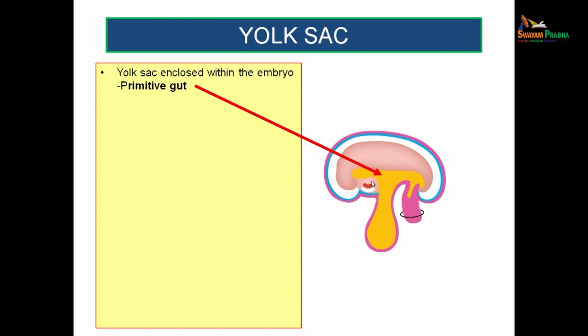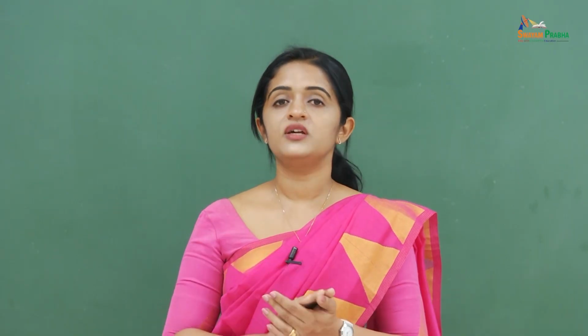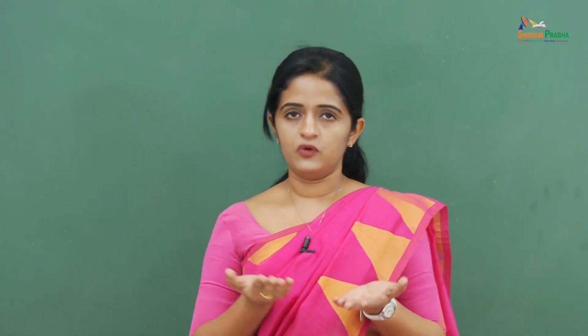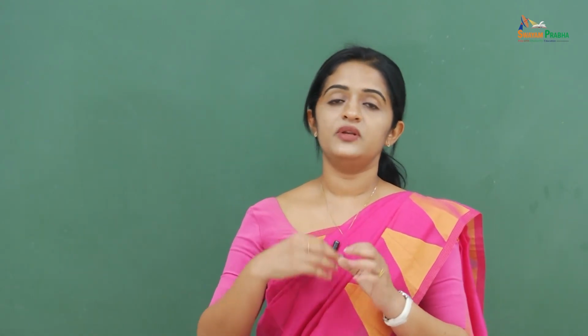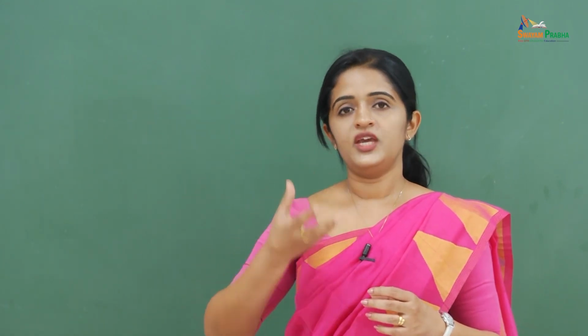This part of the yolk sac which is getting incorporated within the embryo as a result of folding is known as the primitive gut. And what happens to the yolk sac which is remaining outside? That is known as the umbilical vesicle, or the definitive yolk sac. So, the yolk sac in the initial period was a larger cavity. As the embryo gets folded, a part of the yolk sac will be absorbed into the embryo proper.